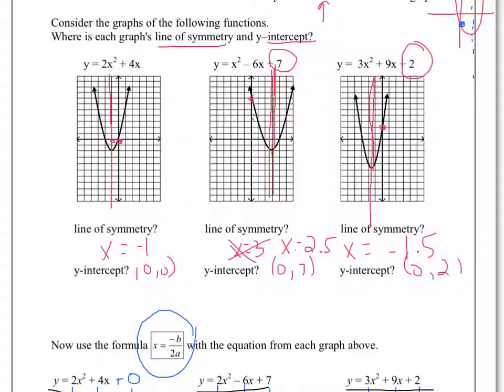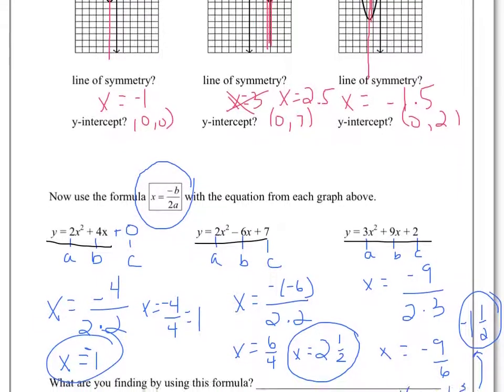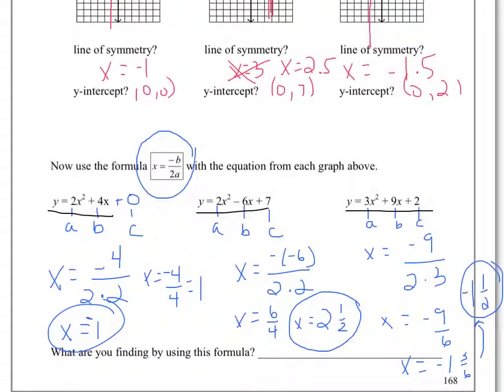It should be right here. We have negative 1, 2.5, negative 1.5, and down here we have the same exact axis of symmetry. So this is a really great way to do it, from the graph or from the formula.